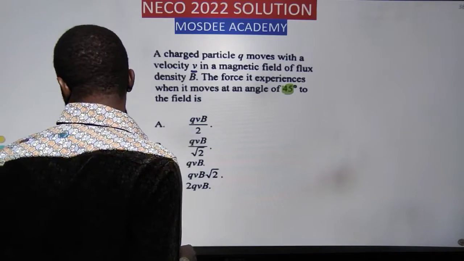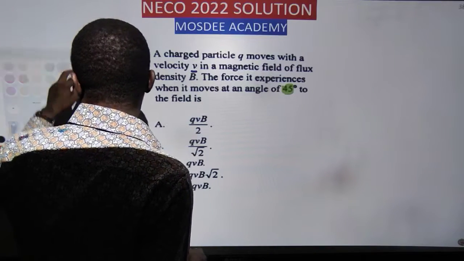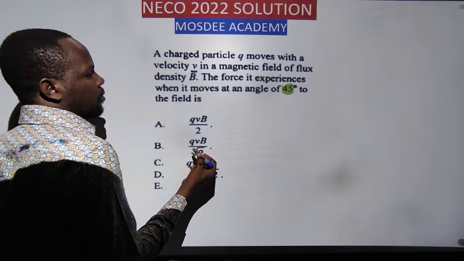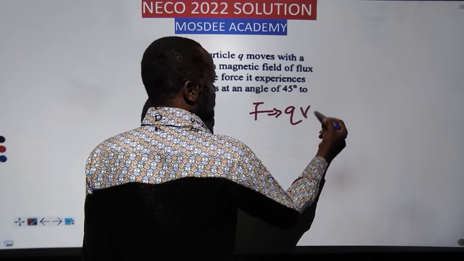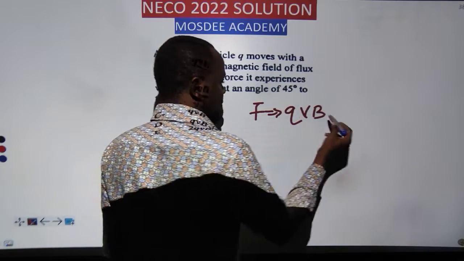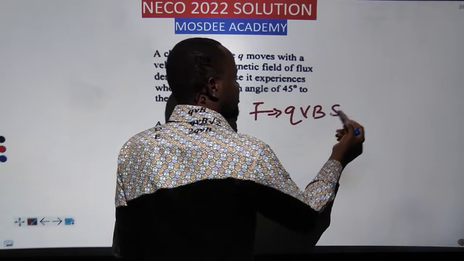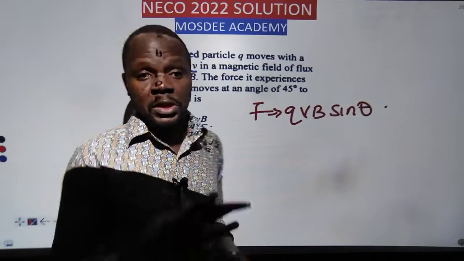The question asks me to find the value of the magnetic force. Force is given as the cross product of v and B, Q v B sin theta. But you are in O level, so let's just solve it the O level way.